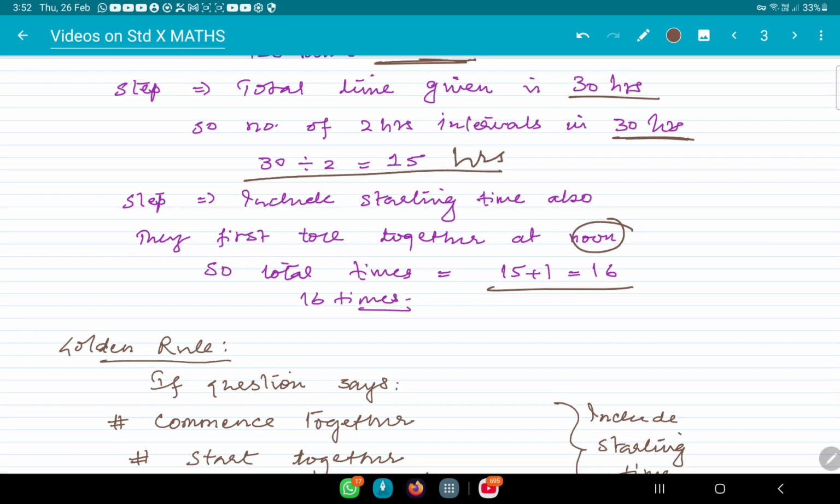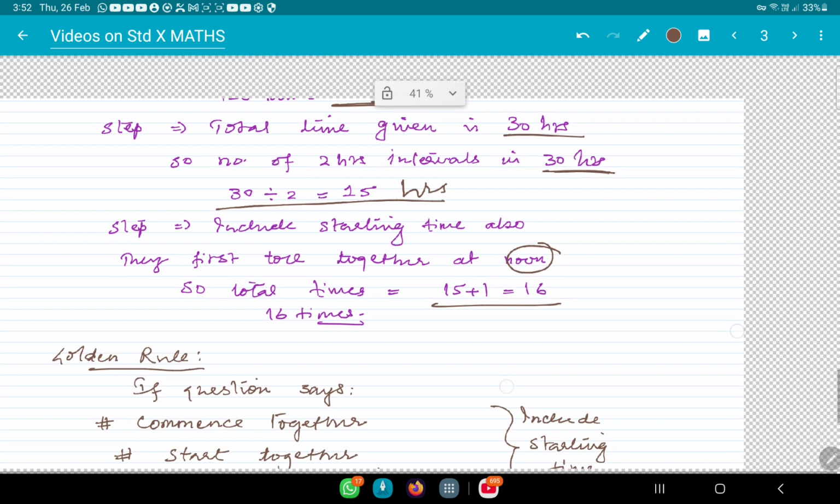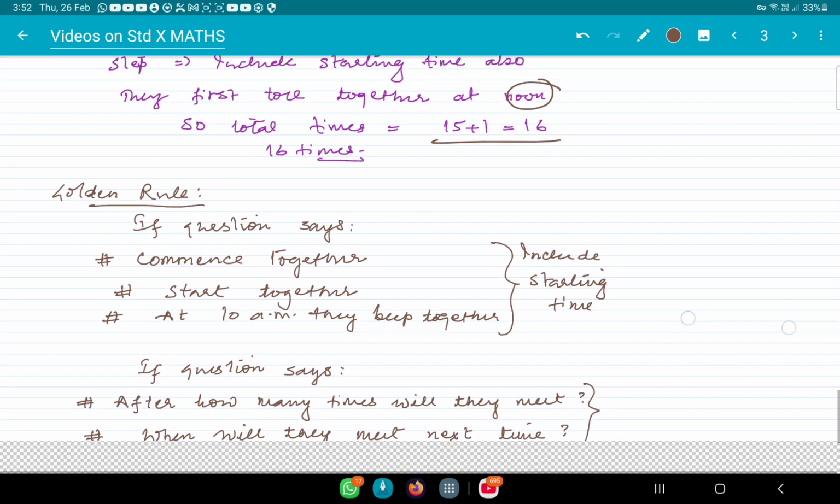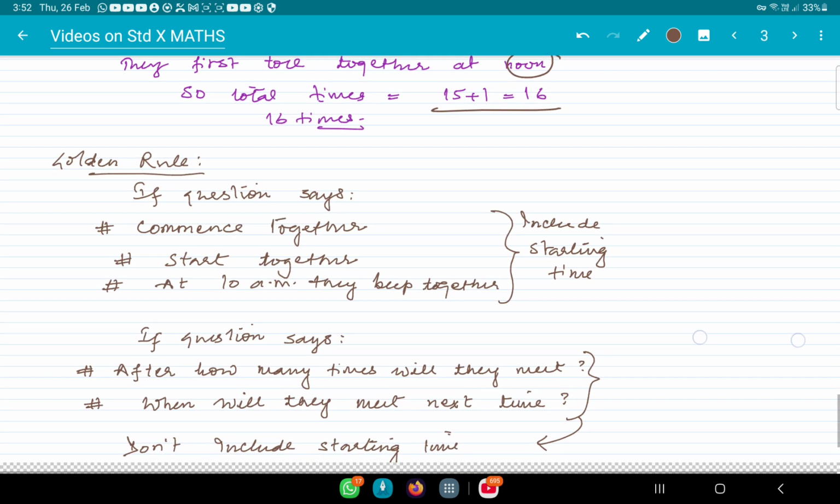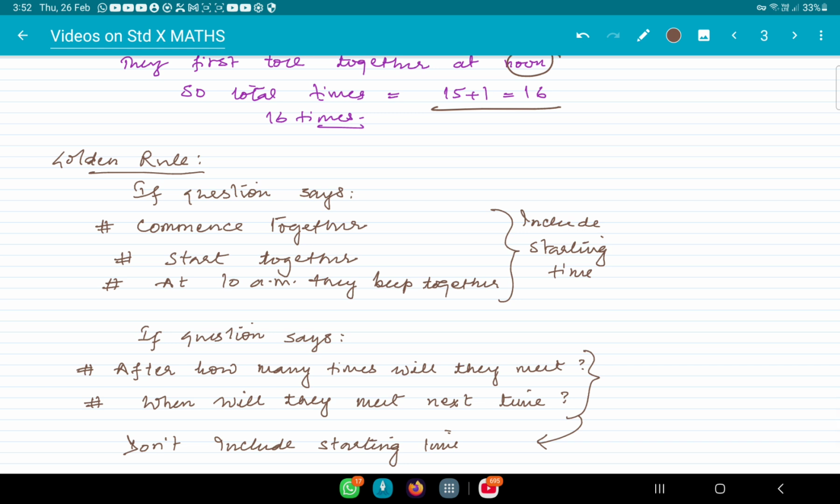So 16 times. Okay, now what is the golden rule? In the last step, this is what I am explaining to you. If the question says commence together, start together, or at 10 a.m. they beep together, then in this type you will include the starting time.